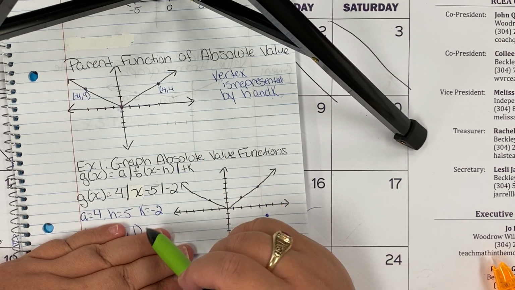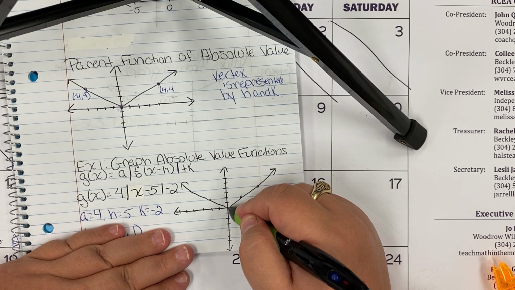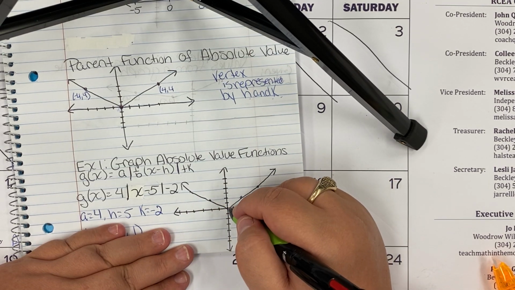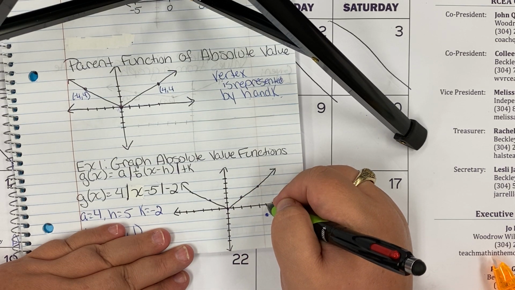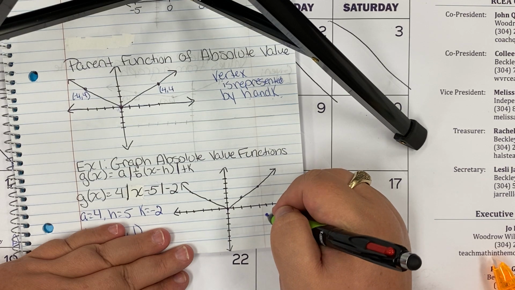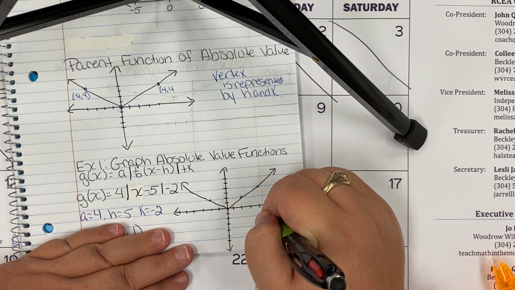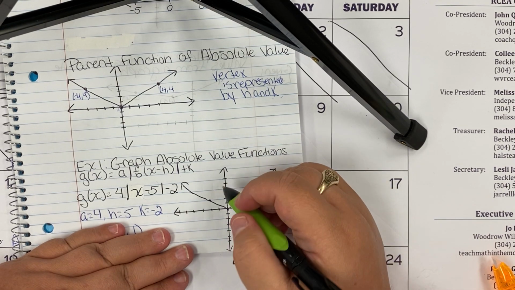Since h and k denote my vertex of the graph, this point 0, 0 of my parent function, because that's what I have drawn here, point 0, 0 is going to move 5 units to the right and 2 units down. 5, -2. So that is going to be my starting point for this graph.